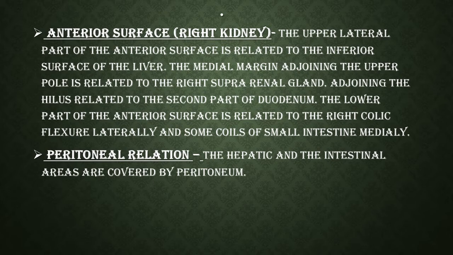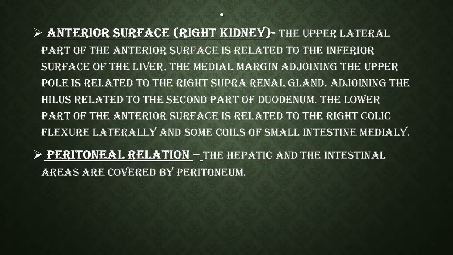Next is the anterior surface of the right kidney. The upper lateral part of the anterior surface is related to the inferior surface of the right lobe of the liver. The medial margin adjoining the upper pole is related to the right suprarenal gland.